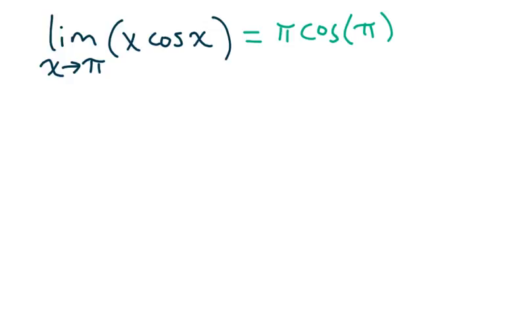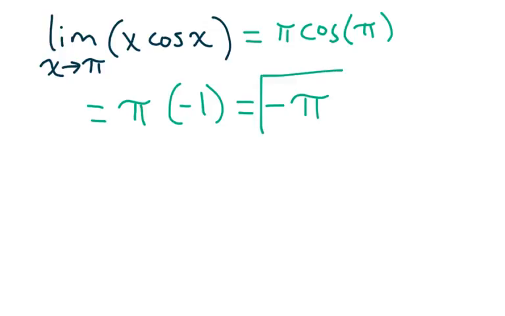And of course, I know that the cosine of pi is negative 1, so I'm going to plug that in, and pi times negative 1, we just normally write as negative pi. So we see that as x gets closer and closer to pi, the function x times cosine x gets closer and closer to negative pi.